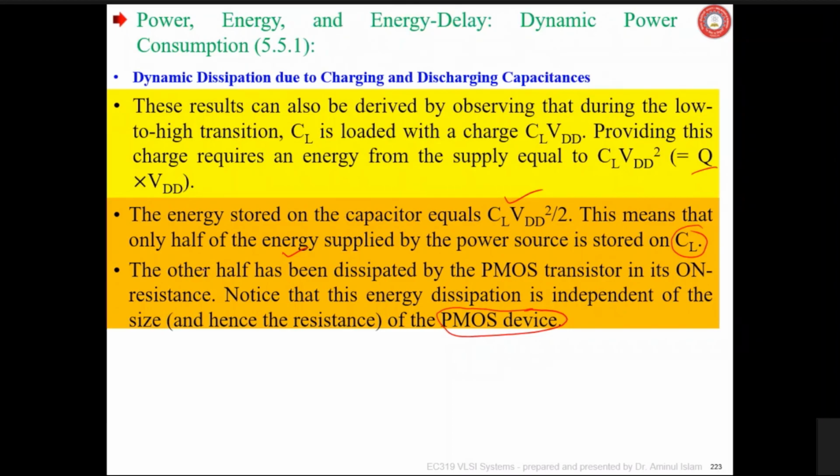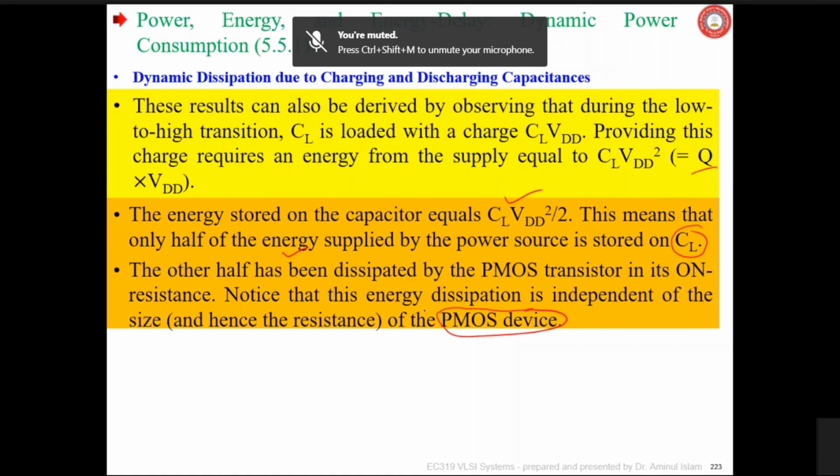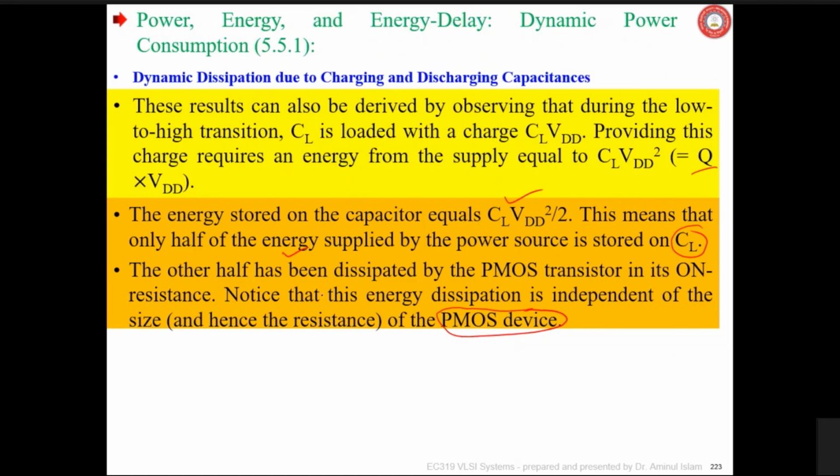This means that only half of the energy supplied by the power source is stored on CL. The other 50% is dissipated in the P MOSFET as heat. When current is flows through a resistance, RP, definitely it will be heated up and energy will be dissipated there.